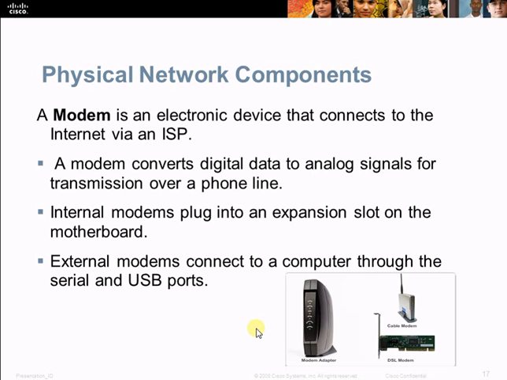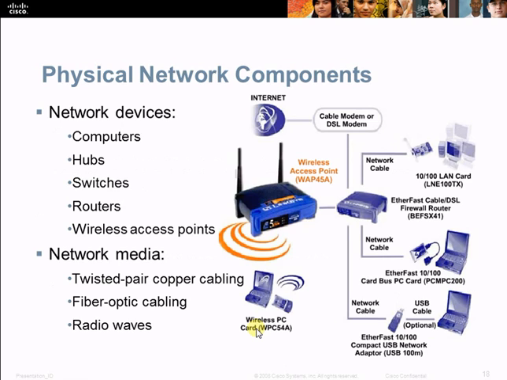Here are some physical components of our network. You'll see that we have our network devices. We have our computers, our hubs, our switches, our routers, and our wireless access points. Our computers are the actual devices that we're using on our network. Our hubs and our switches and routers allow us to connect our devices via the media. We'll talk about the media in a second. And then we have our wireless access point, which allows wireless devices to gain access to that network.